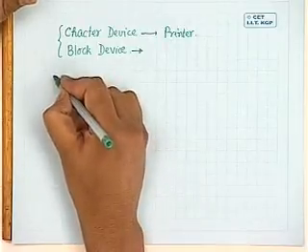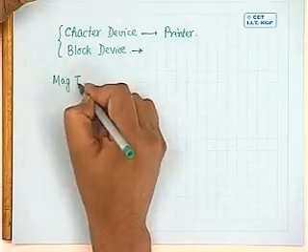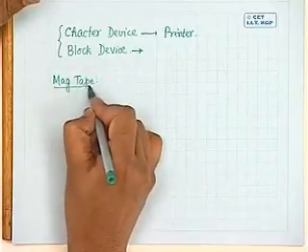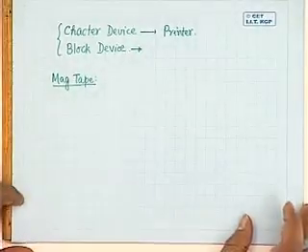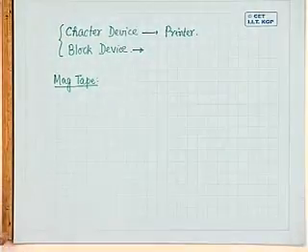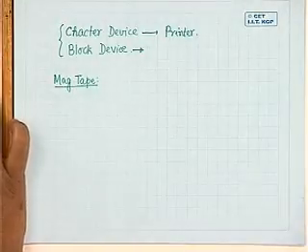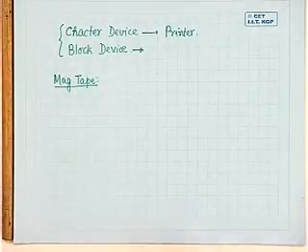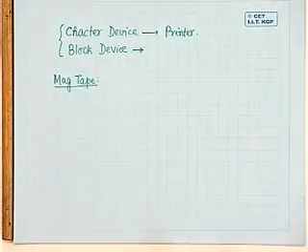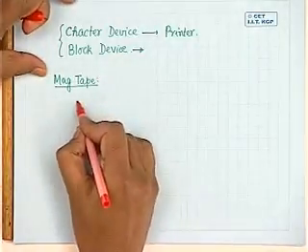If we simply have a mag tape, that is a serial access storage device. You know that a mag tape is a long tape coated with some magnetic material. Whenever we want to write data onto this mag tape, the data is written in the form of magnetic orientation.